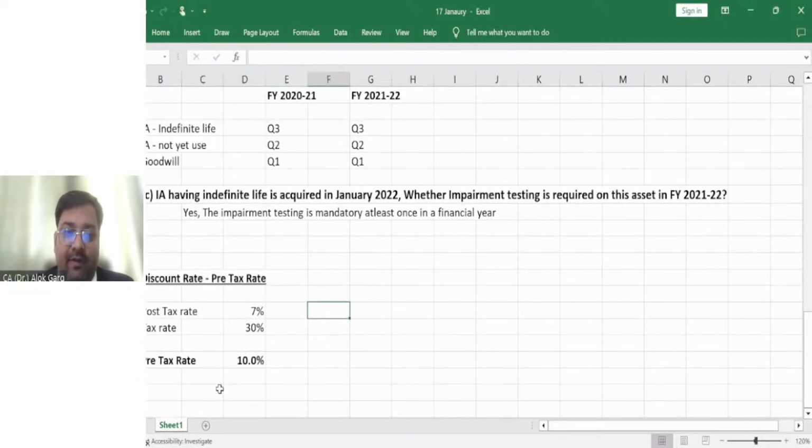For example, let's say the value in use, how will you compute the value in use? For example, this is year 1, 2, 3, and this is your discount rate. The pre-tax discount rate is 10%.